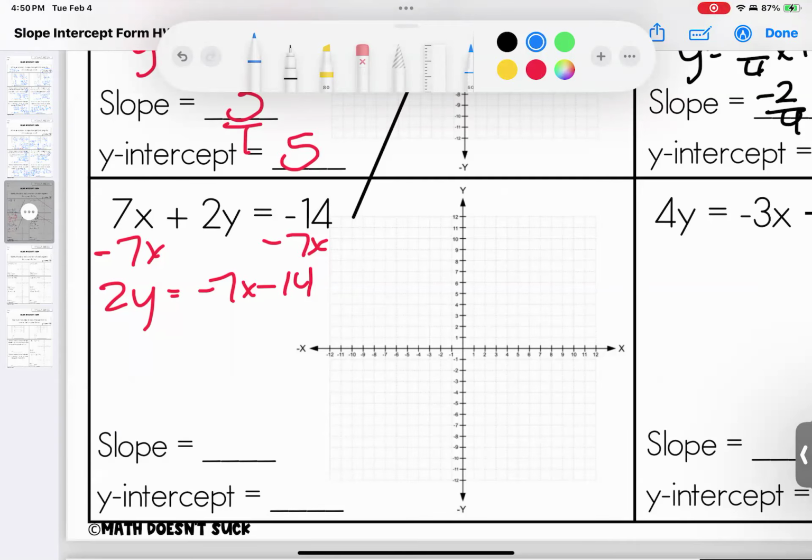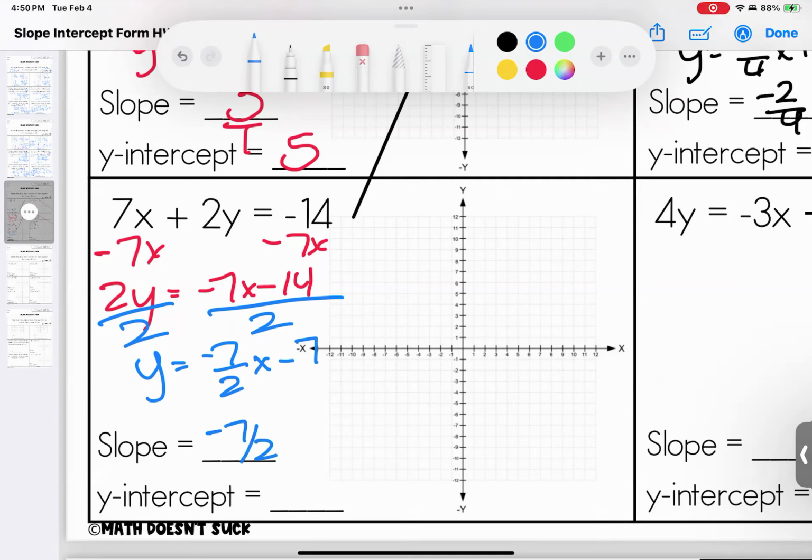If you chose not to flop it around, not a huge deal. Just keep that in mind. Y is equal to negative 7 over 2 x minus 7. So my slope is negative 7 over 2. My y-intercept is negative 7.